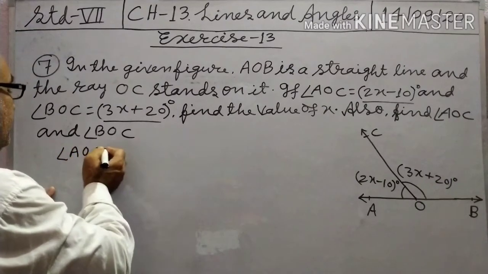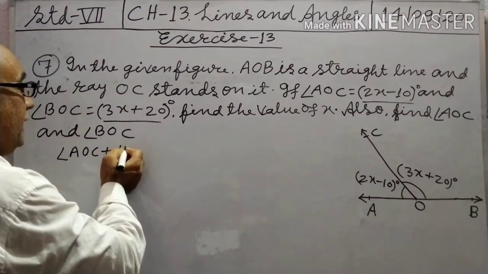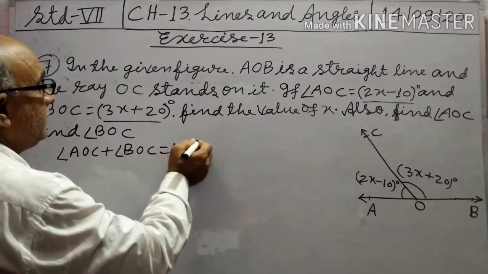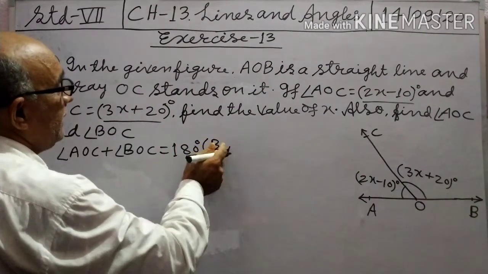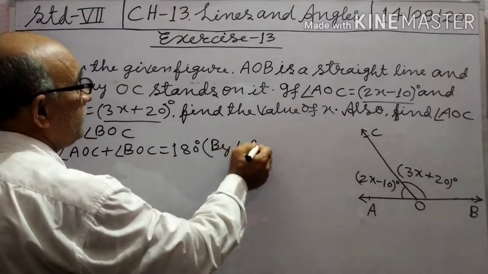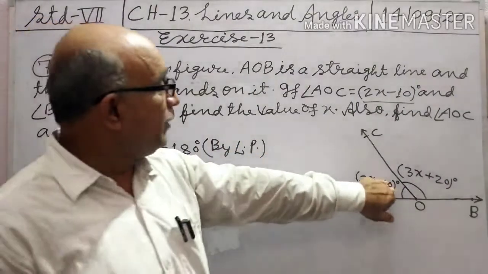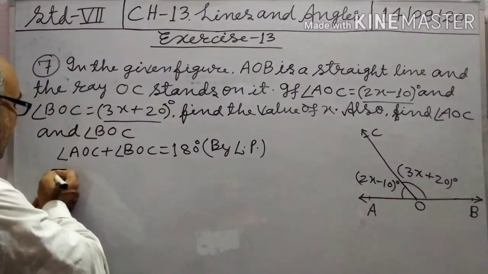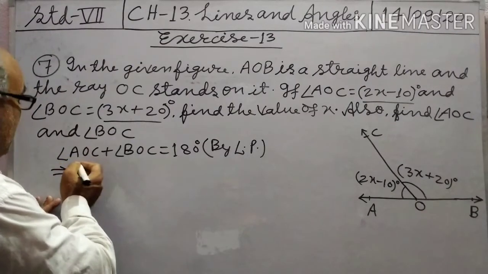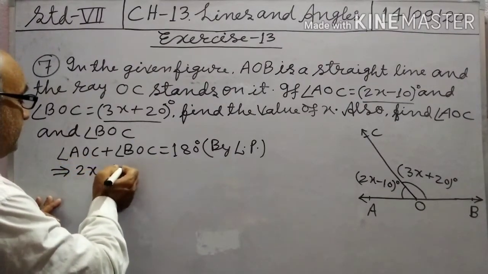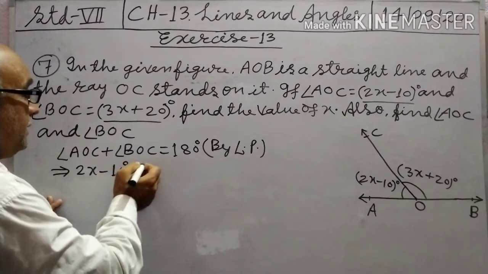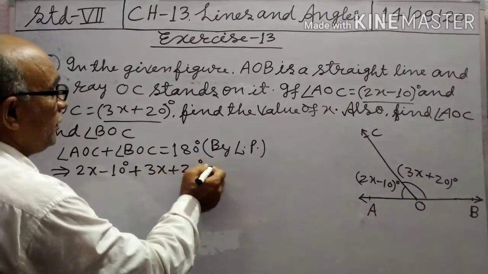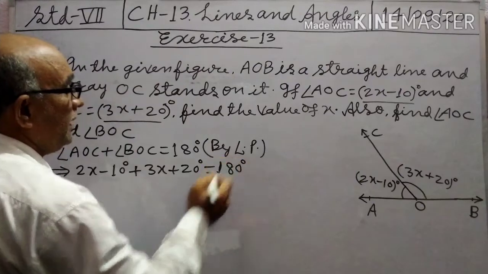Angle AOC plus angle BOC equal to 180 degree. Why? Then by linear pair, angle AOC plus angle BOC equal to 180 degree. Solve it. That implies angle AOC equal to 2x minus 10 degree plus angle BOC equal to 3x minus 20 degree equal to 180 degree.